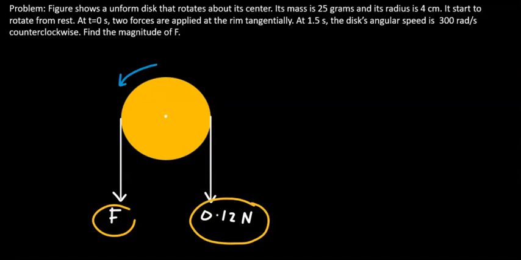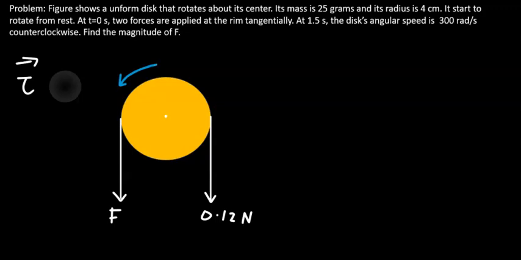The direction of rotation is counterclockwise, as represented by this blue arrow. So from our previous discussions in our previous videos, when you have a counterclockwise rotation, the direction of the torque will be out of the board. In this case, it's represented by this dot.